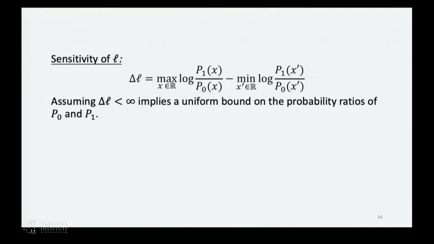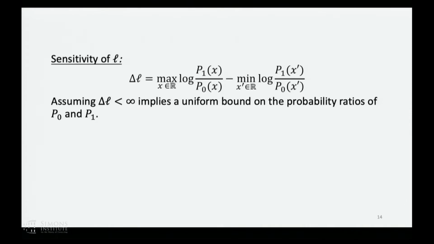So it's nice that we can compute this, but by assuming this is finite, we're actually restricting ourselves to a class of p0 and p1. In particular, it implies a uniform bound on the probability ratios of p0 and p1, and they also have to have the same support.